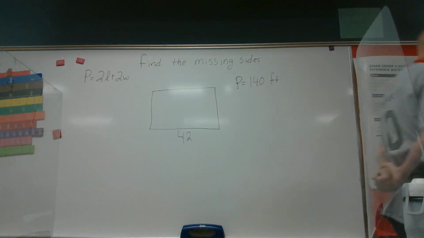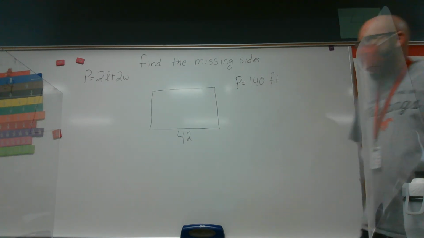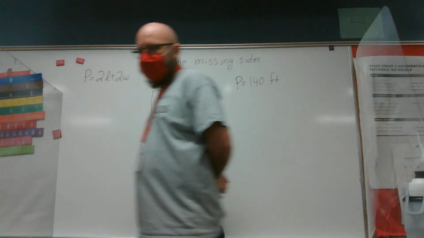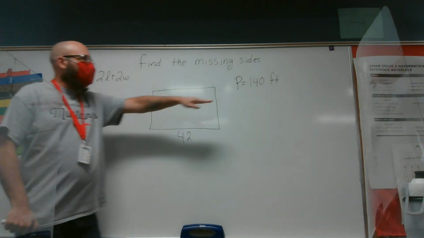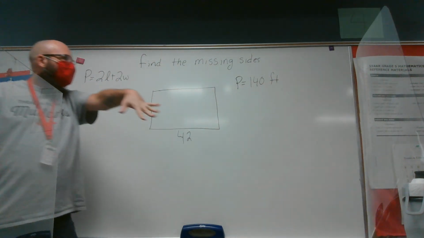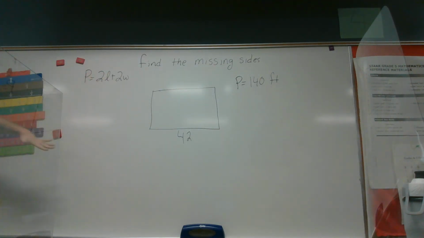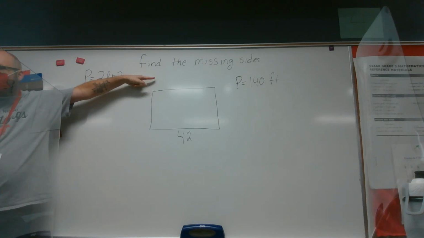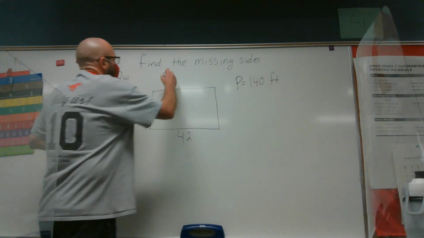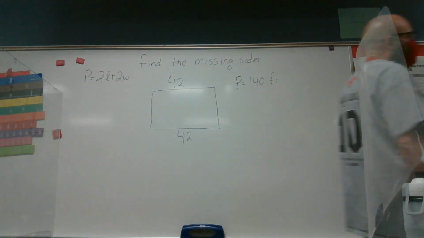As I said, you're always going to get 2 of the variables. In this case, we've been given some P, and we've been given our length. This is a rectangle. So how long is this side? 42. So we can put that on there.